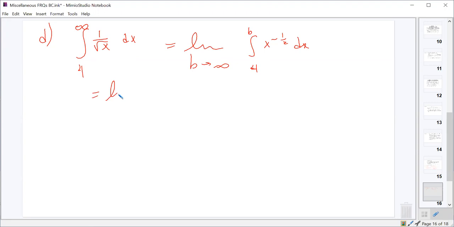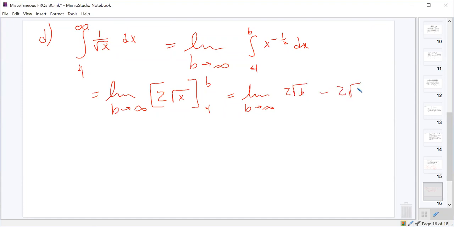We integrate. The integral of x to the negative 1/2 should be 2 root x from 4 to b. And we end up with the limit as b approaches infinity of 2 root b minus 2 root 4, which we can say diverges because as b goes towards infinity, 2 root b is infinite.